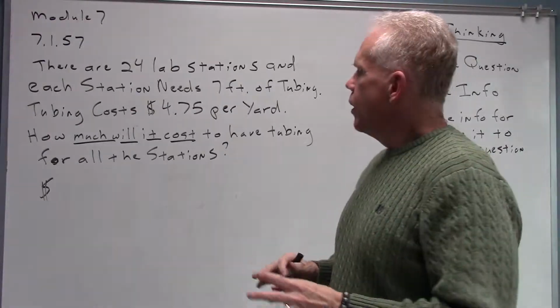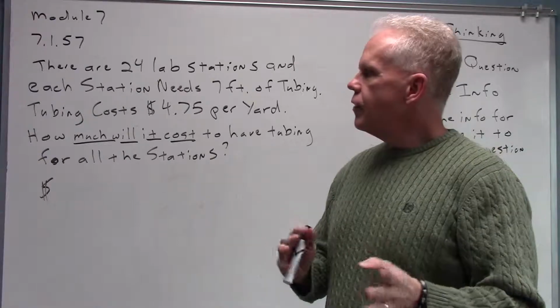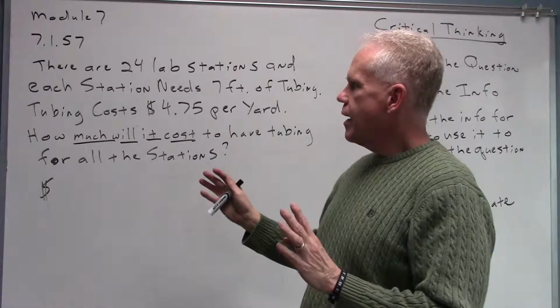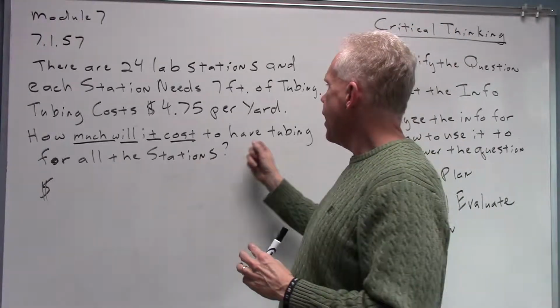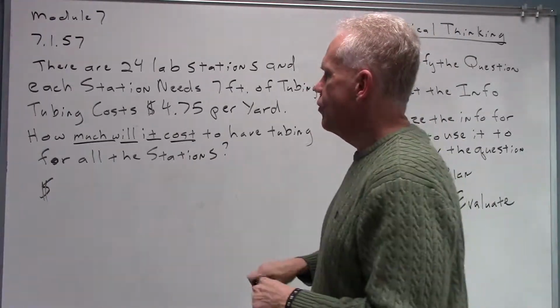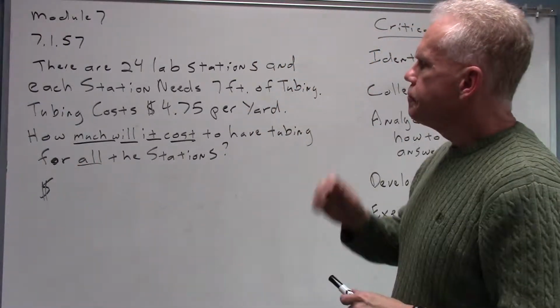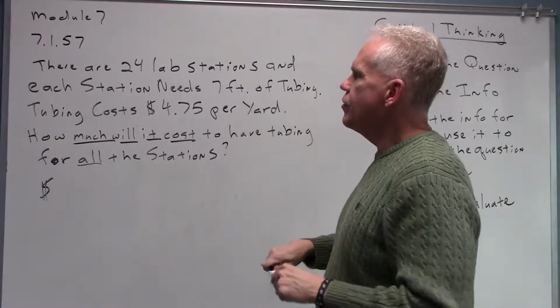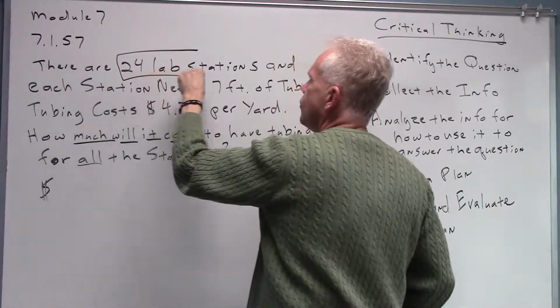So now when we go back through and look at the information, we can filter it, thinking about how it's going to help me figure out how much it's going to cost to have tubing for all the stations. Now the information that we have: first of all, we know that there's 24 stations.